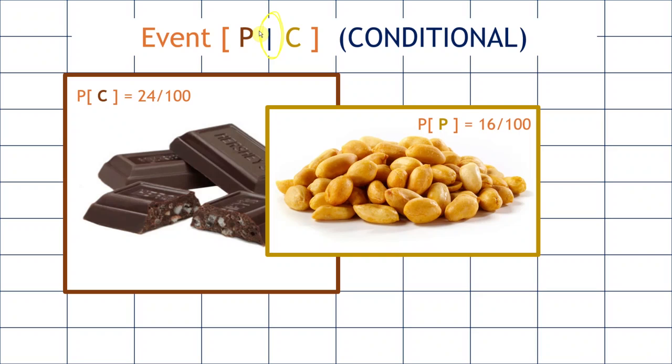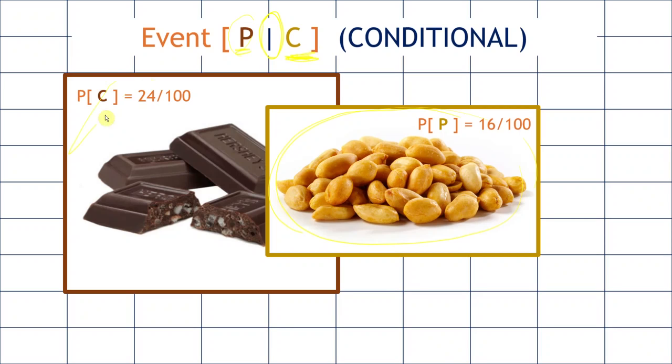Okay, so in this particular case, C is the condition and P is what we want. So we want those who like peanuts. So that would be this area. These are everybody who likes peanuts, but we only want those who like peanuts that we already know like chocolate.